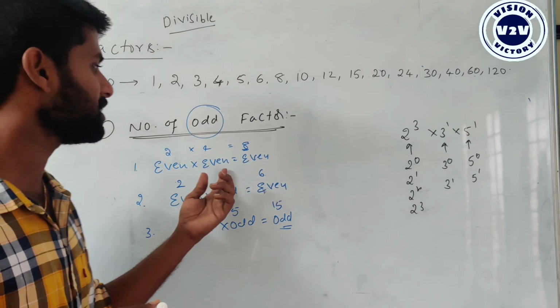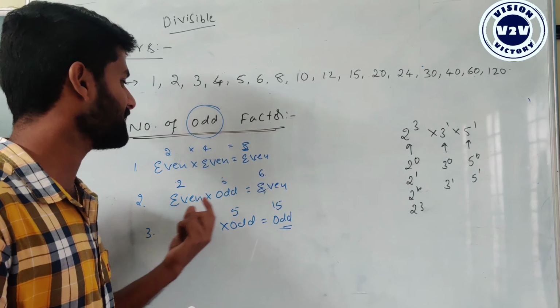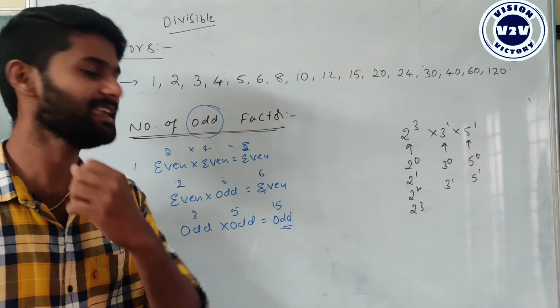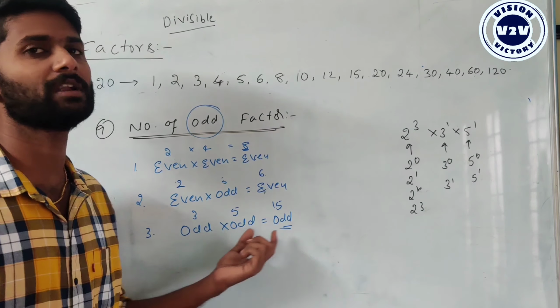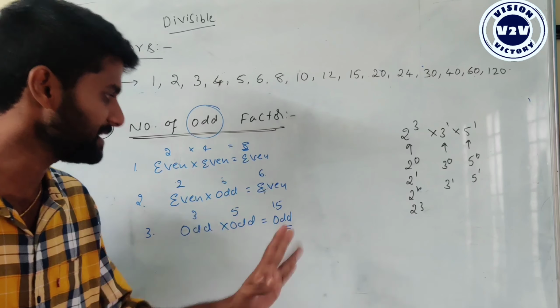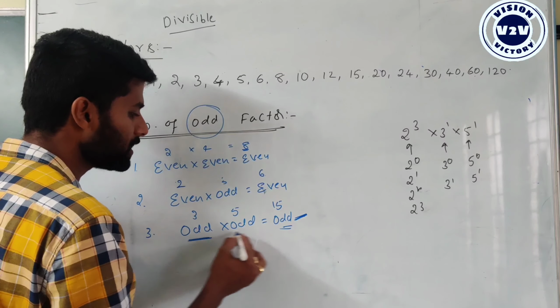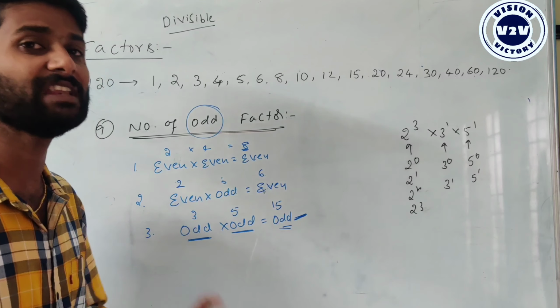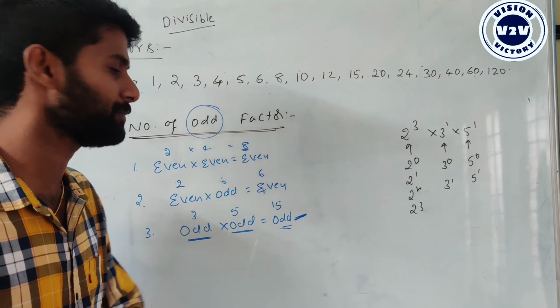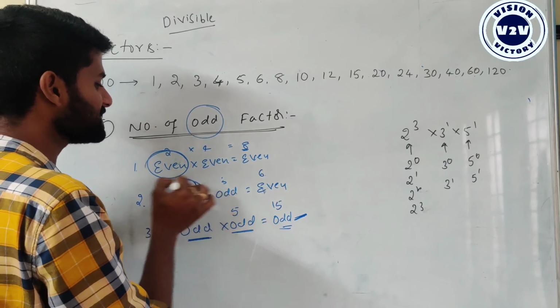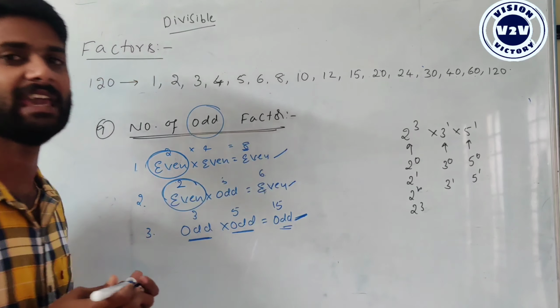See, if even is multiplied with even, we get an even number. Even multiplied with odd, we get even. And odd multiplied with odd, we get an odd number. It means if you want an odd resultant, we should multiply odd numbers with odd numbers, meaning we need to eliminate whatever the even powers. Why? Because if even is there, definitely the resultant is even.